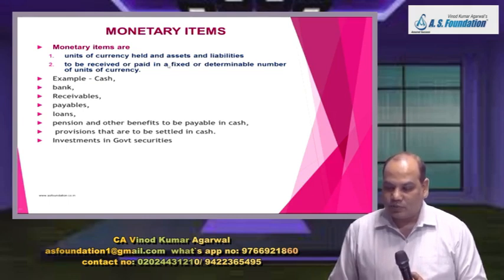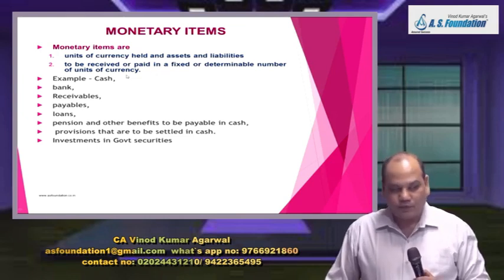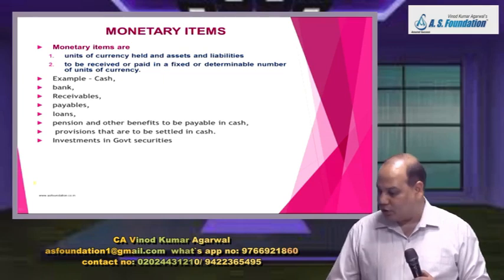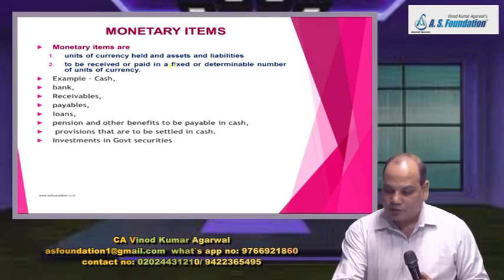But which assets and liabilities? Those which are to be received or paid in a fixed or determinable number of units of currency. Now again, one has to apply judgment carefully and check whether an asset or a liability is a monetary item or not.